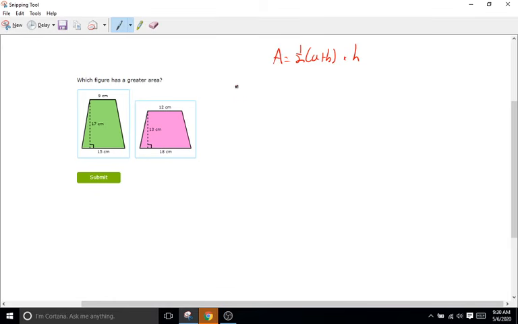We'll do 1/2, A is 9 plus 15, times our height of 17. Okay, and then we'll add the two bases together. So 1/2 times 9 plus 15 is going to be 24, then times 17.